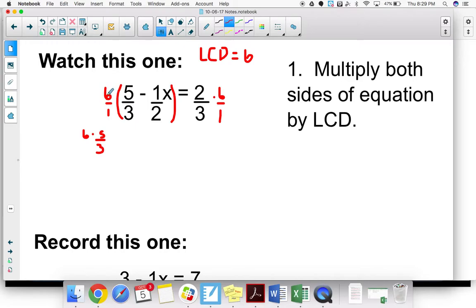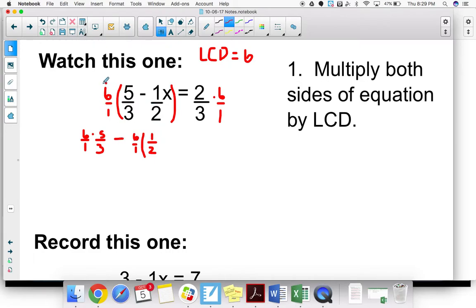And then 6 times negative 1x, this becomes a minus 6 over 1. And actually, I'll put the other one as 6 over 1, 6 over 1 times 1/2 x. I could have put the negative in the parentheses, but then this would have had to have been a plus sign.